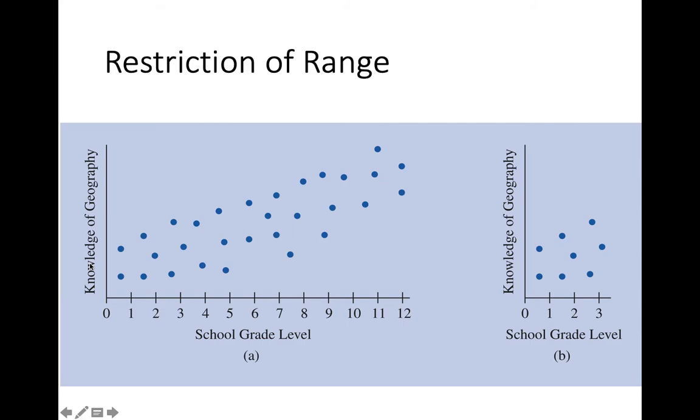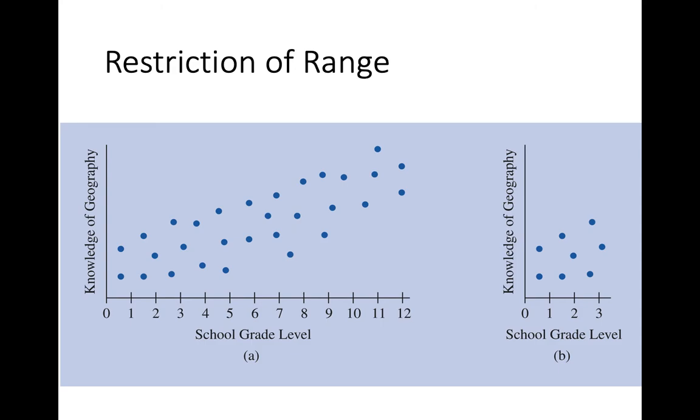Well, do we think that a first, second, or third grader is going to perform very well on that test of geography? No, probably not. So in that case, school grade level is not at all correlated with knowledge of geography.